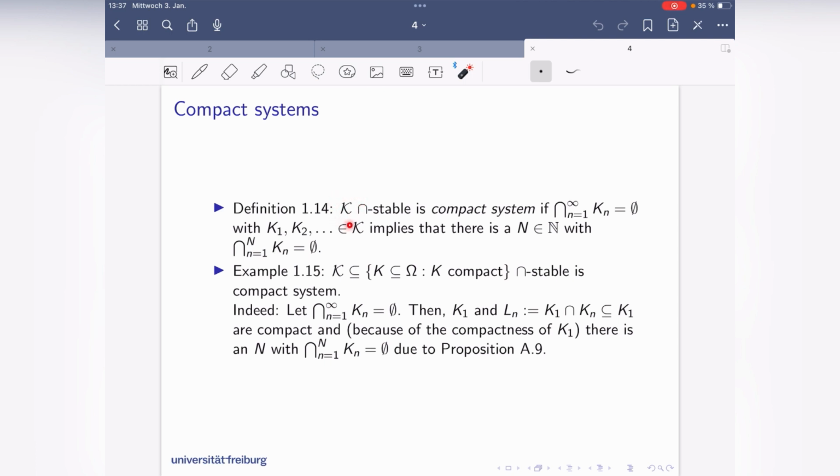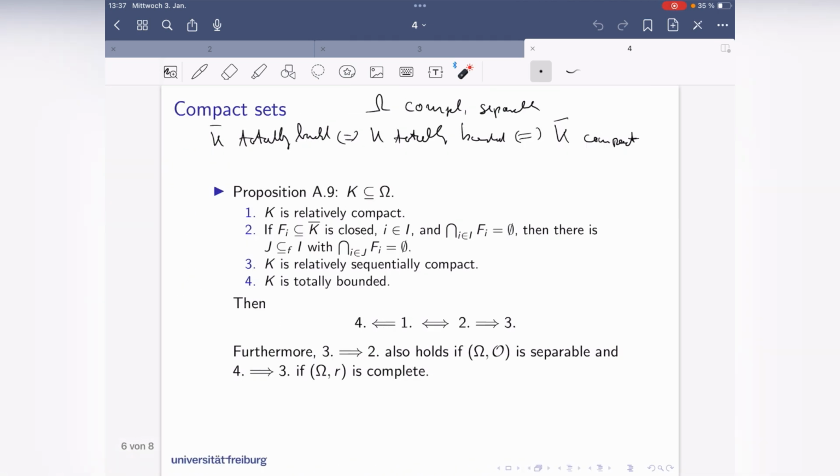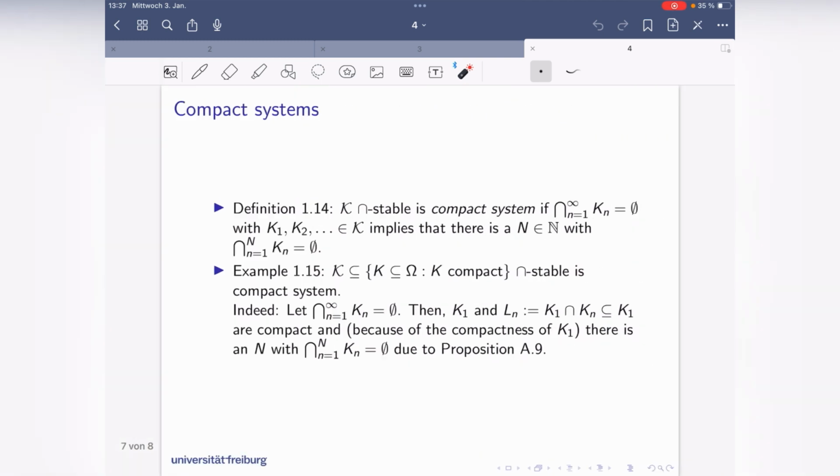K is a set system, and the system is a compact system, similar to the second property here, if whenever I have a countable intersection of the K_n which is the empty set, then I already find finitely many which also have empty intersection. If that's the property, then K is called a compact system.